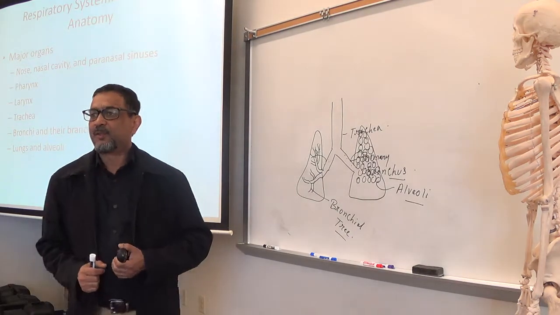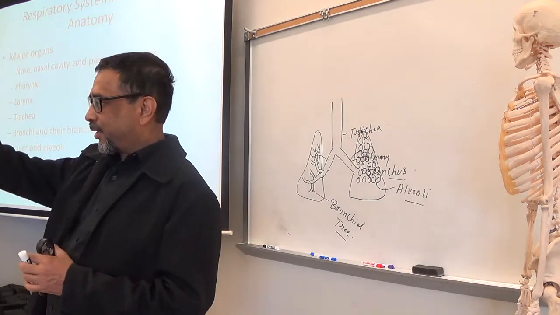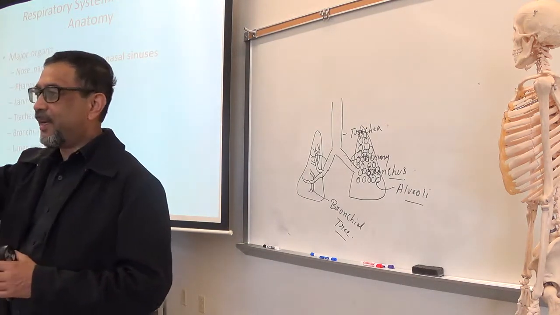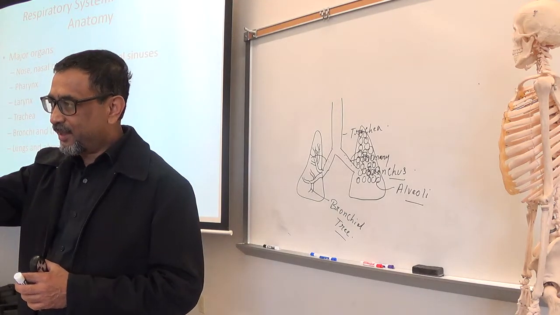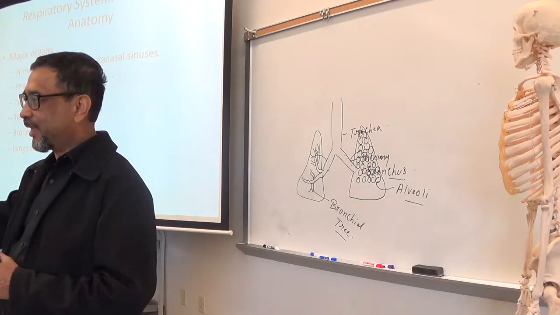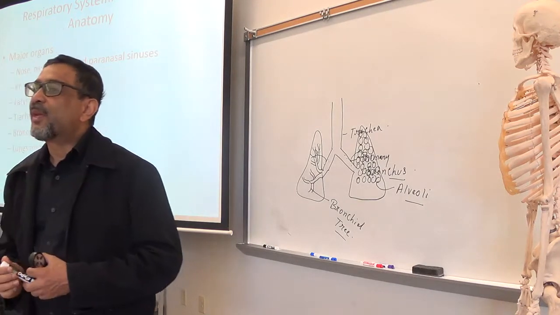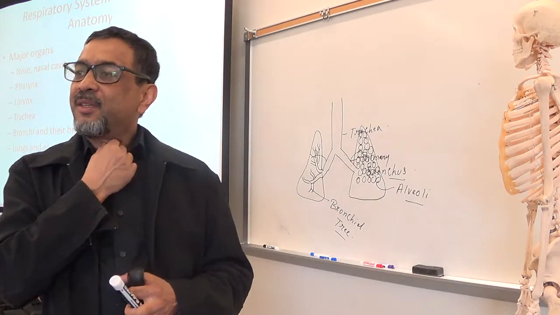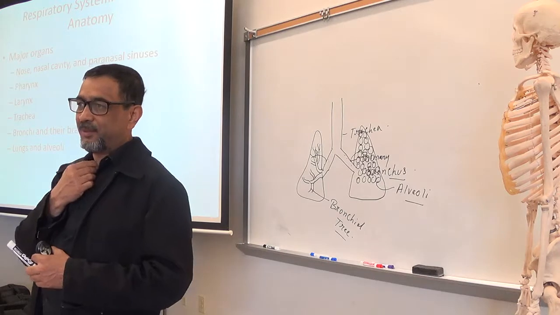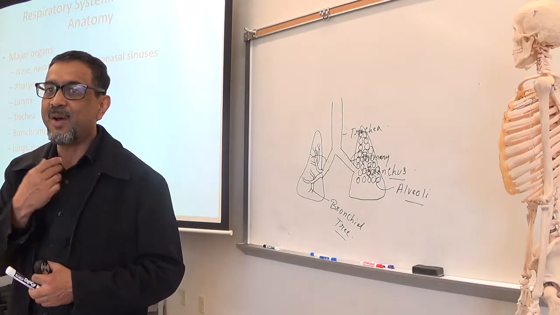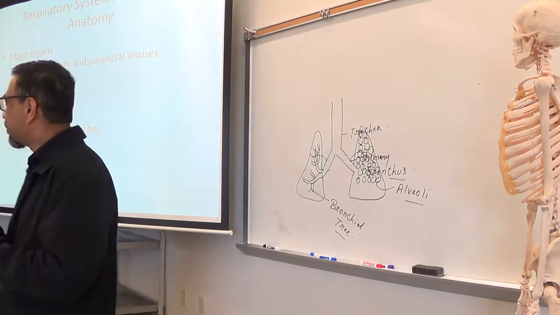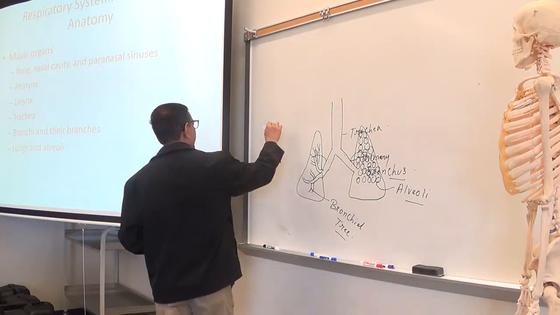So pharynx is what kind of tube? Muscular. Larynx is what? Cartilaginous, right? And trachea has cartilage as well as muscle. Now, inside the larynx, you have vocal cords. Vocal cords do what? Produce sound, right? Very important. So that's why larynx is also called voice box.